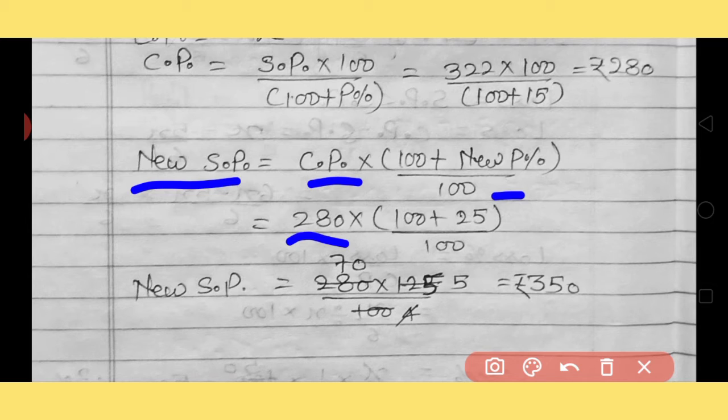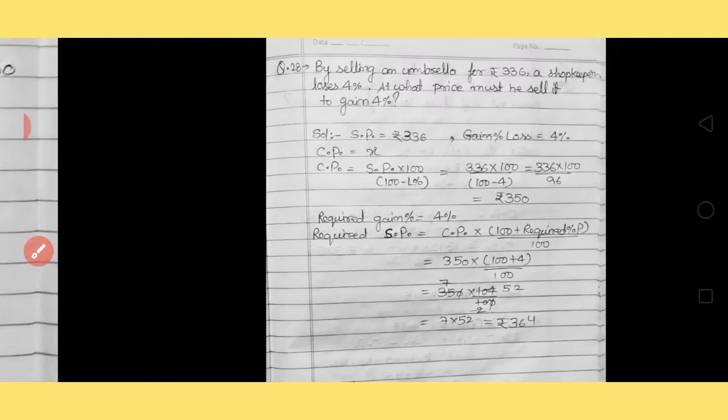So it becomes 280 multiplied with 125 divided by 100. 25 fives are 125 and 25 fours are 100. 4 sevens are 28, it becomes 70. 70 fives are 350. So the new selling price will be 350. Whenever the florist sells the bouquet for 350 rupees, he will get a profit of 25%.